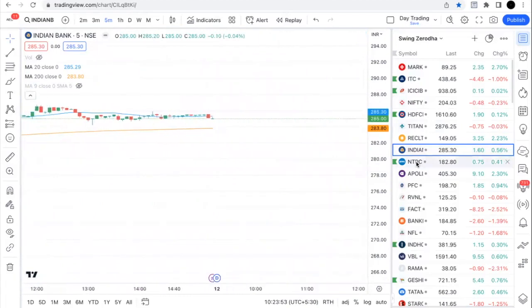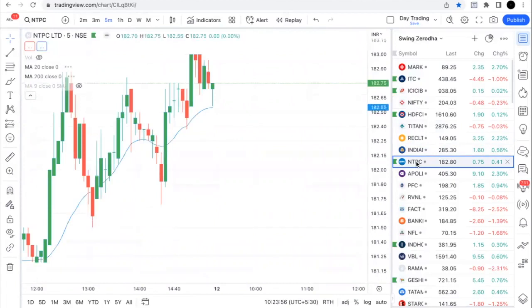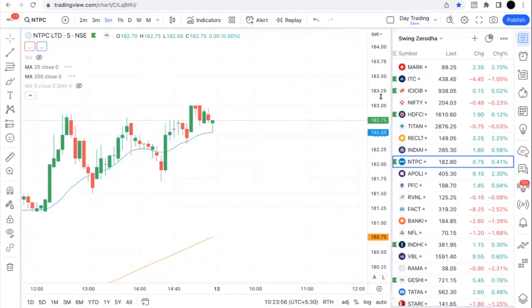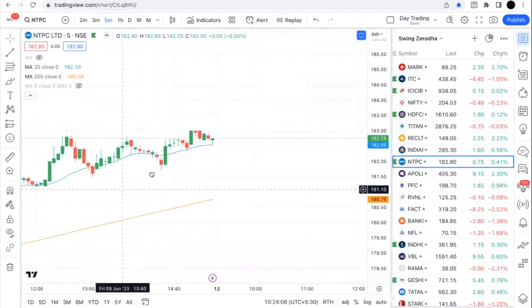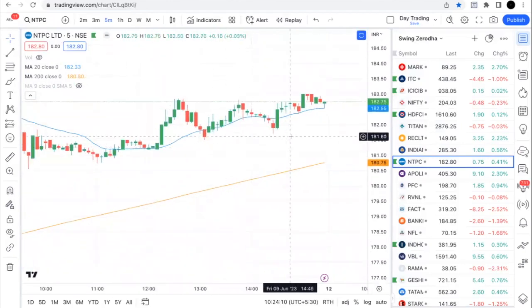Let me look at a few more examples. NTPC. Here's another example, and notice that this is a 5-minute chart.